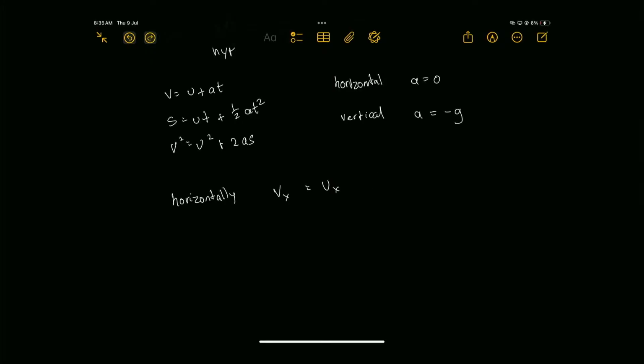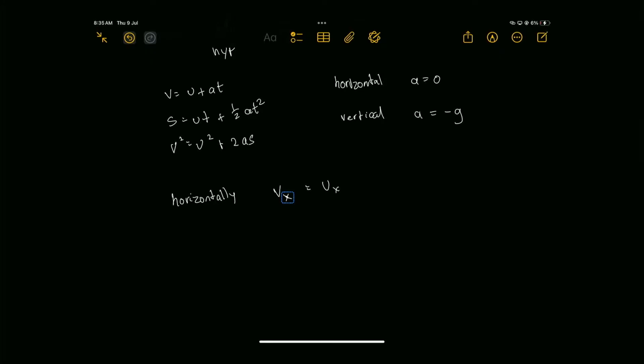So basically the initial velocity horizontally is equal to the final velocity horizontally, which is what we expect because there are no forces acting on the ball to cause it to speed up or slow down. That is basically like Newton's first law of motion, right? An object will continue with constant velocity unless acted upon by an external force. In this case, there are no forces acting horizontally, so it continues with the same horizontal velocity.